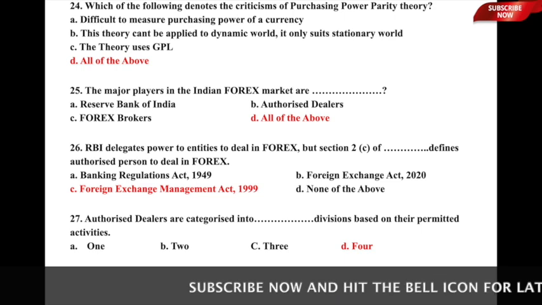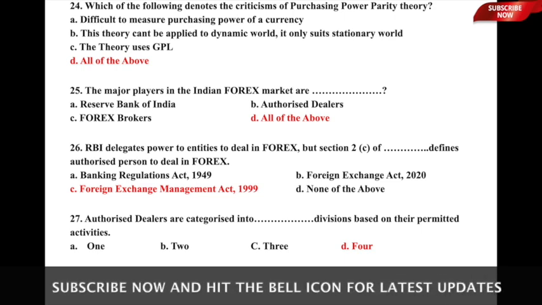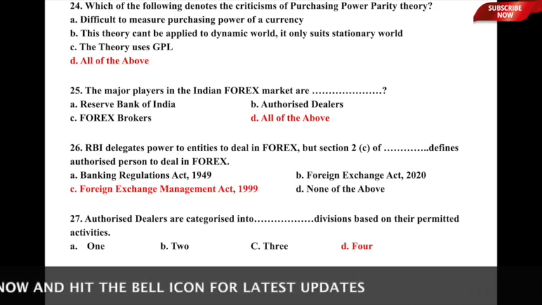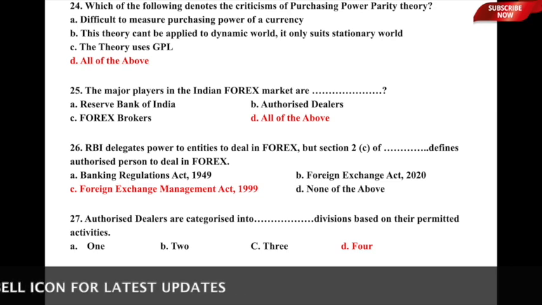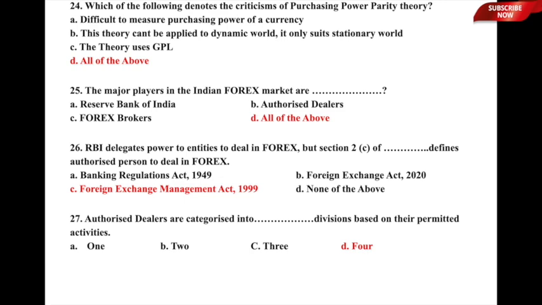The Reserve Bank of India delegates power to entities to deal in foreign exchange, but section 2C of dash defines an authorized person to deal in foreign exchange. The RBI has given the power to entities to deal in foreign exchange, but there is a certain act and certain section which defines who is that authorized person.